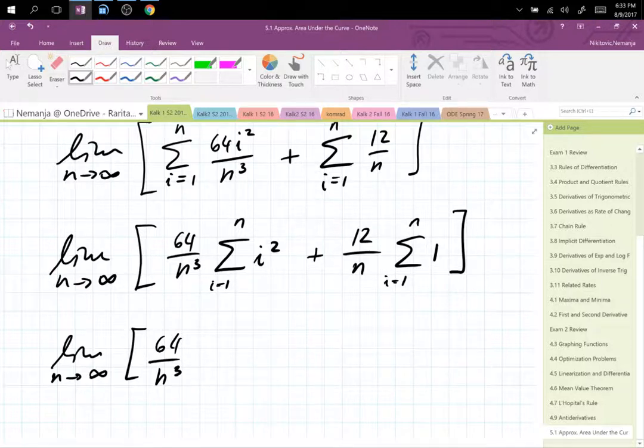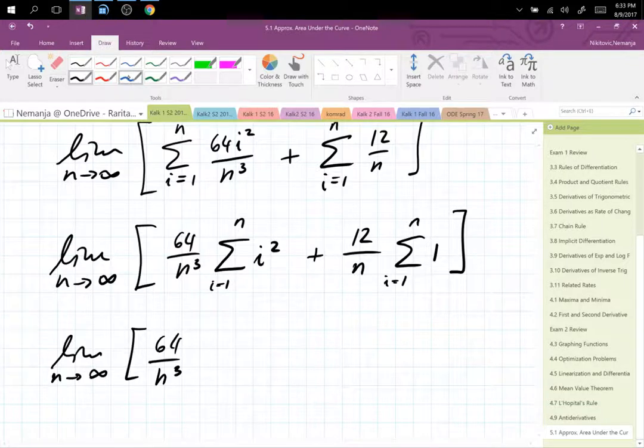So you see that we have a summation of i squared. Summation of i squared, which is k squared, you can use any variable you want, is this. So we are going to replace those 2 sums with what the actual answer is.